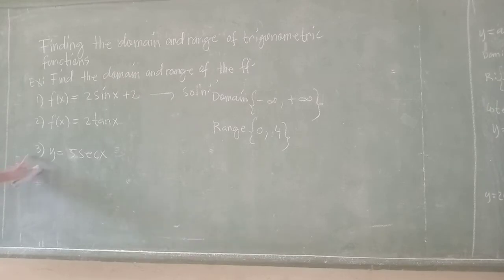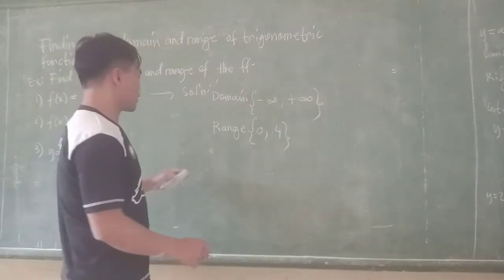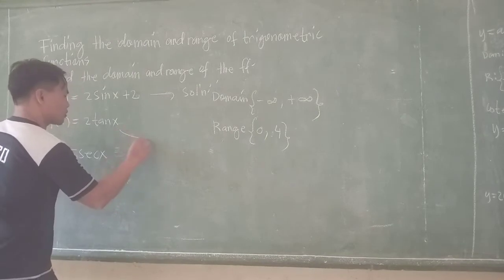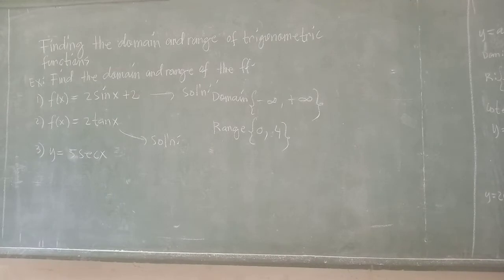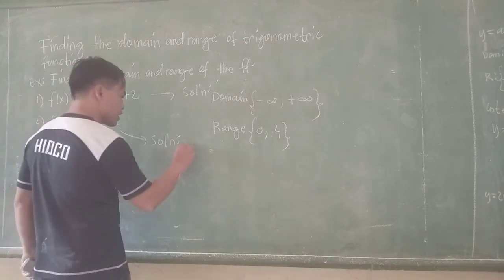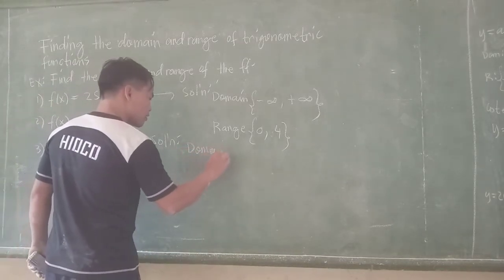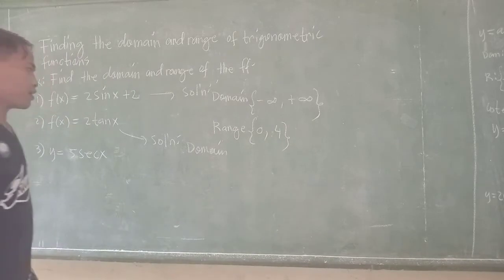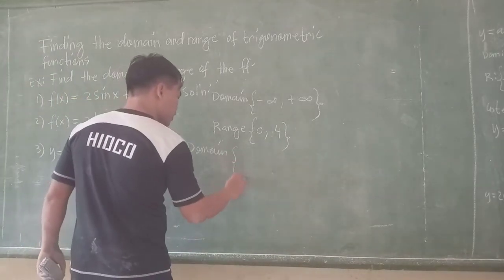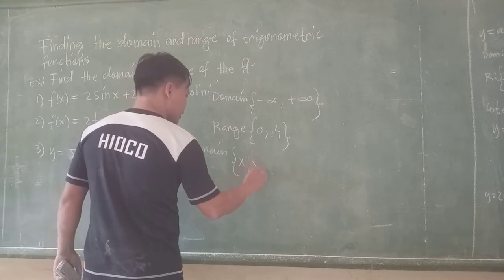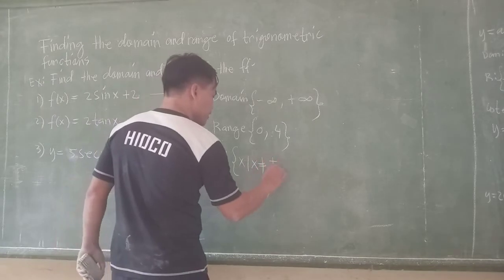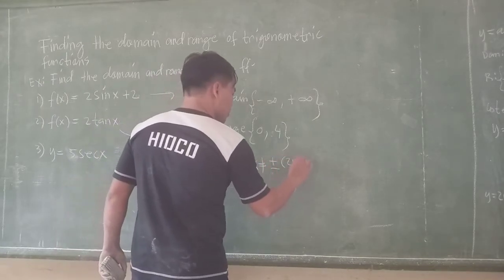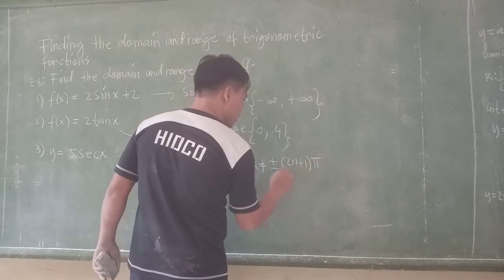Okay? Next, we have number 2. For the solution, f of x is equal to 2 tan x. Okay? So, of course, the domain of the tan x is the set of all x such that x must not be equal to plus or minus 2n plus 1 times pi over 2.